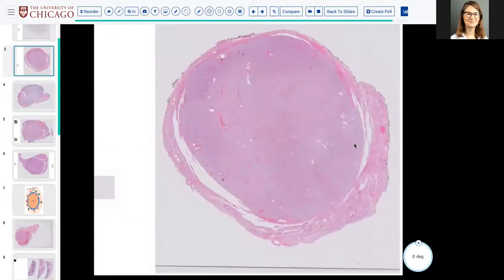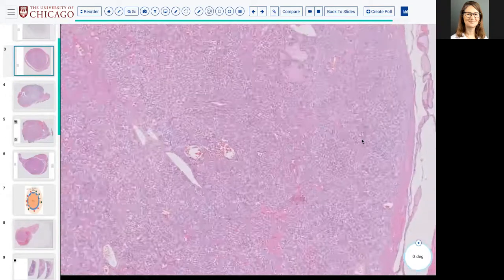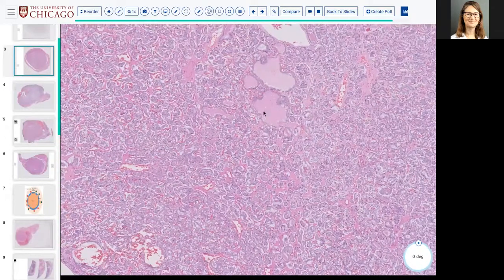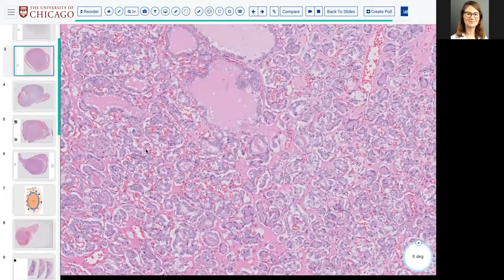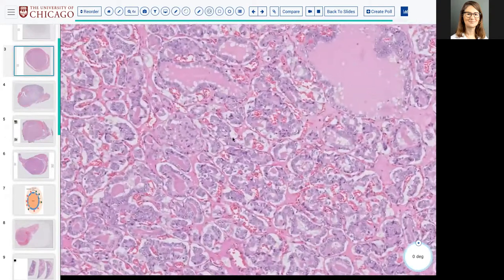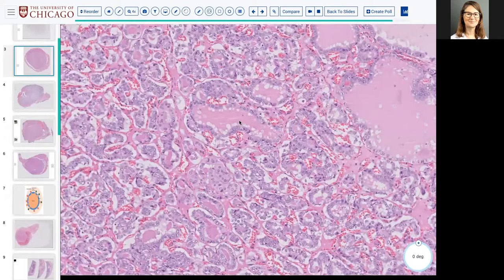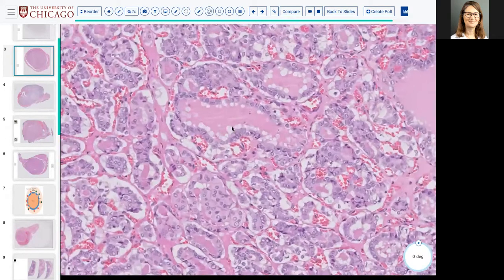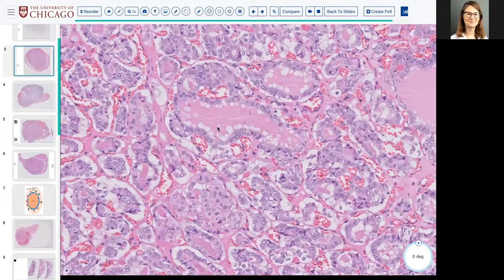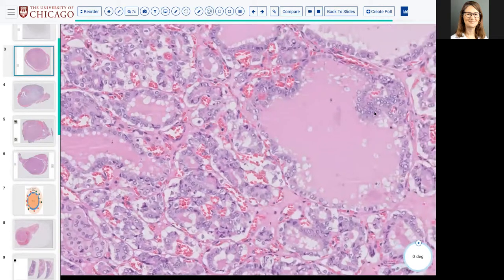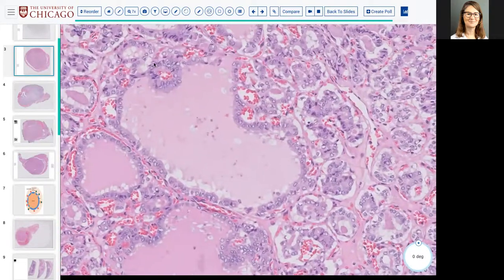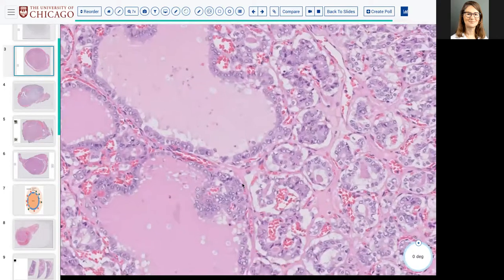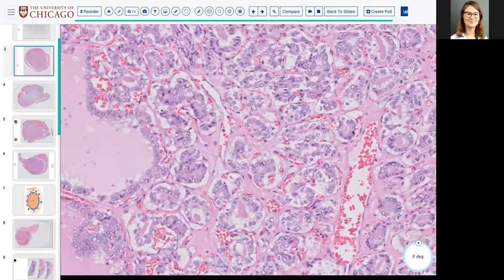That is in interesting and stark contrast to the case we saw above, which also had no obvious capsular or vascular invasion, but there are subtle differences between these two cases. Some people use very rich, dense colloid with scalloping as evidence of conventional PTC. I think that's kind of a soft sign. Certainly abortive papillae. Even in this case, there are little tiny projections into the lumen that could be considered abortive papillae.